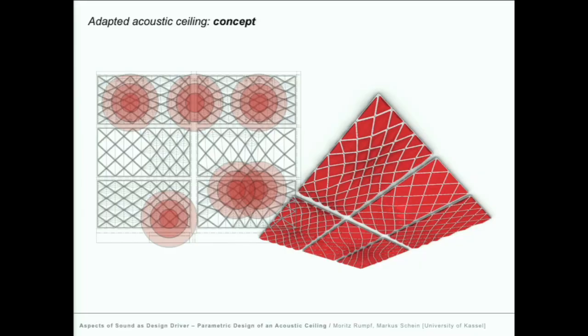But now let's have a closer look at the realized acoustic ceiling. The room contains clearly locatable and basically immovable sources of noise. We have the working tables along the window, a working table, and a small kitchen area.